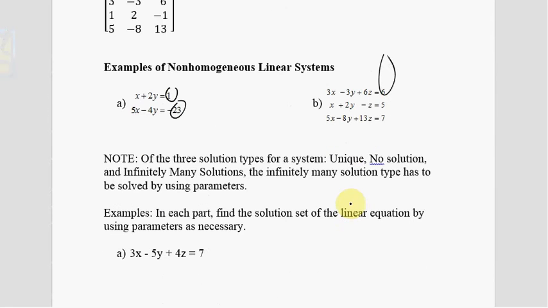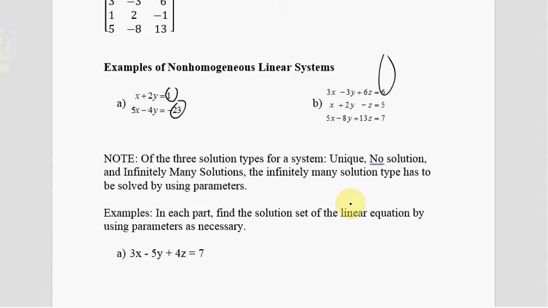And so now, of the three types of solutions, the no solution, unique solution, or the infinitely many solutions, if the system has infinitely many solutions, you have to be able to find that solution set. That idea will follow us for the duration of this course.